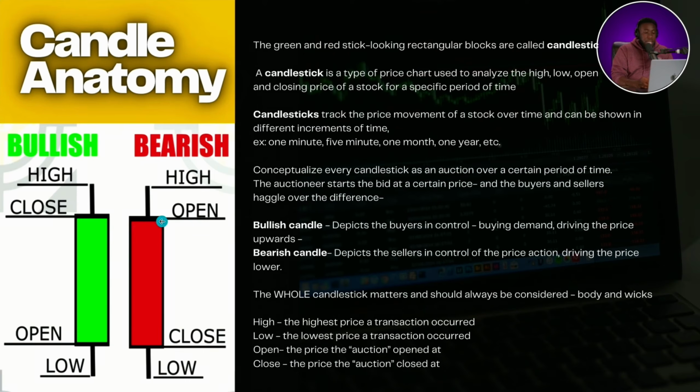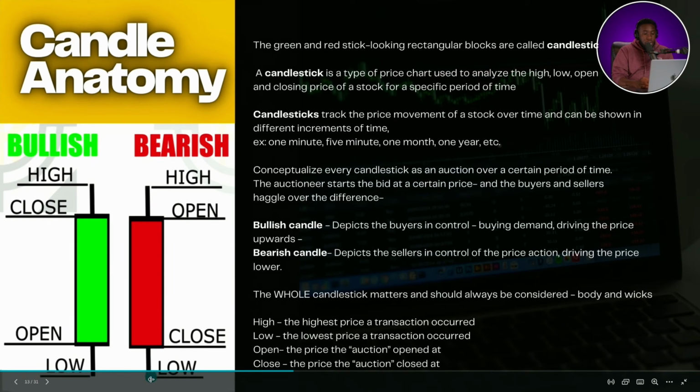This next candle, which we see is a bearish candle, opened here, right where the close was. It potentially went as high as 102, and then went as low as 98, and then ended up closing at 99.